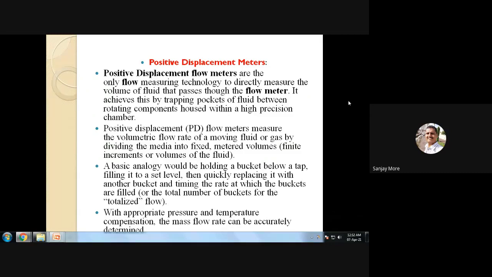Positive displacement flow meters measure the volumetric flow rate of a moving fluid or gas by dividing the media into fixed metered volumes. Full stop and next line.